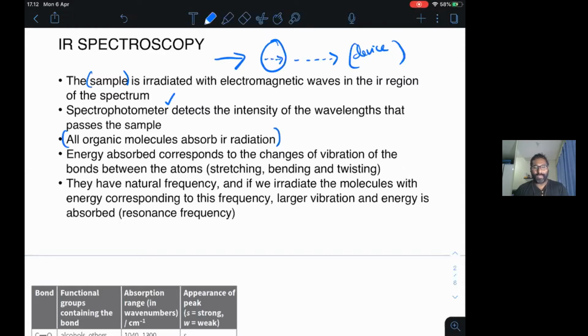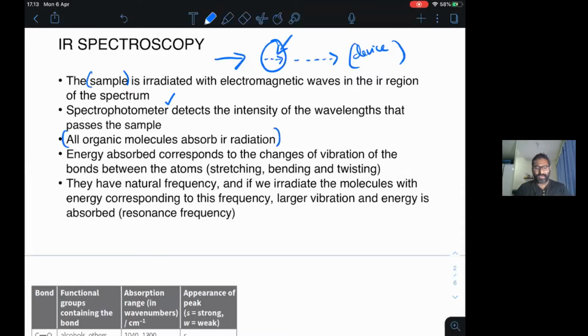So the energy that is absorbed by the sample corresponds to changes of vibration of bonds. Do take note that organic compounds have bonds between their atoms. When these bonds absorb energy, they can stretch, they can bend, and they can be twisted.